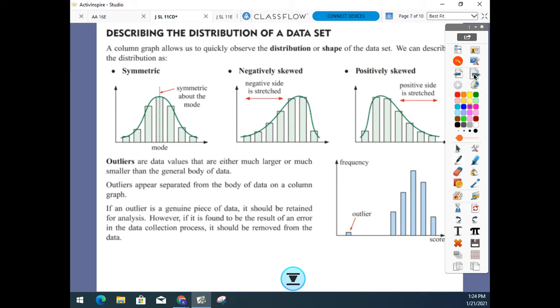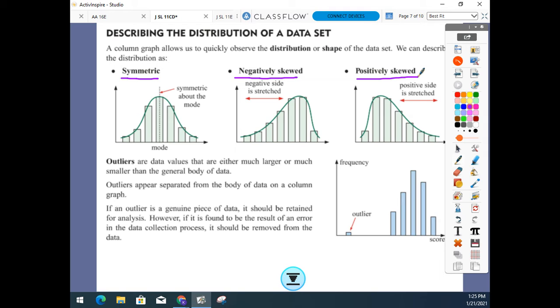Okay, so I've got the picture here. But I want you to write how we describe these discrete shapes.